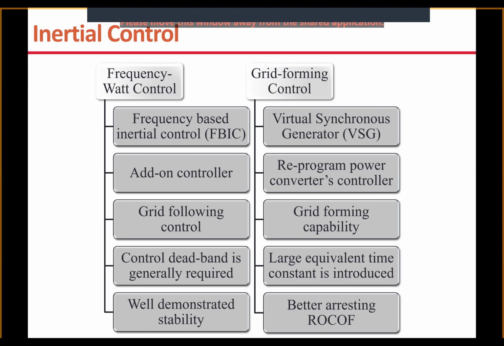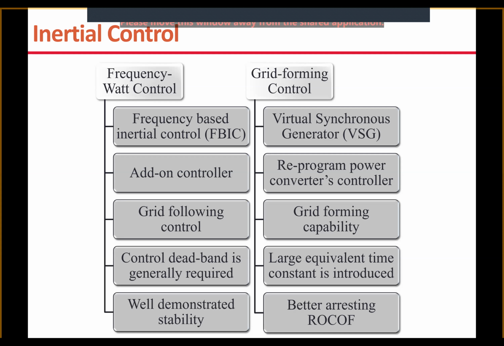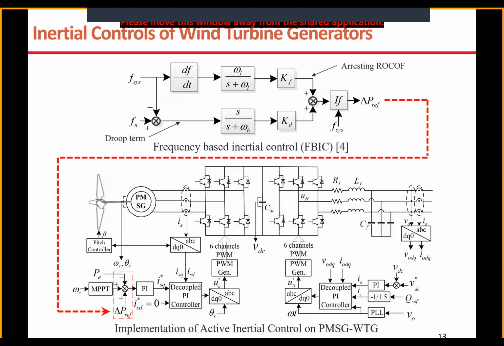For grid forming control, we need to reprogram the power converter's controller, but we do have grid forming capability, and it can better arrest the rate of change of frequency. And then this is the active inertial control method.